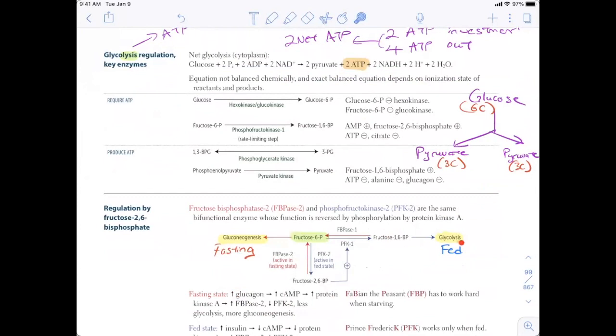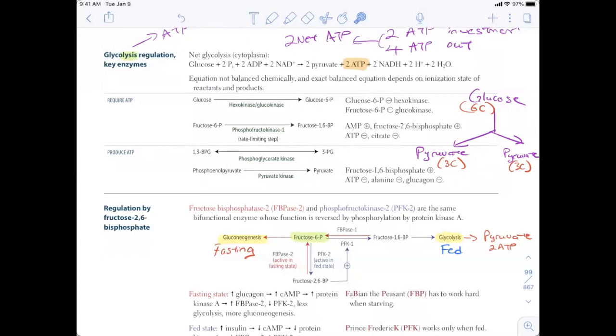And at the end of the day, what we're going to get out of glycolysis is pyruvate, right? But very importantly, we're going to get 2 ATP, all right? So keep an eye on the enzymes. PFK1 is the one that sends us there, our rate-limiting enzyme, okay?